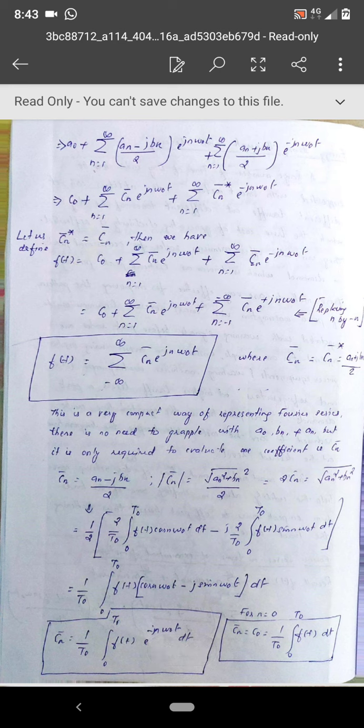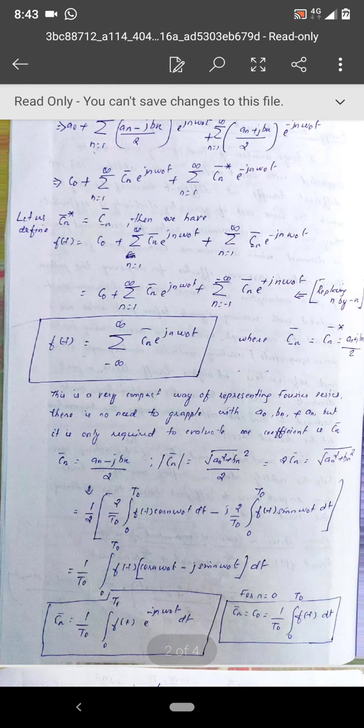But the summation from n is equal to 1 to infinity will become from n is equal to minus 1 to minus infinity, since we are replacing minus n by n. And then c minus n bar becomes cn bar. Because we are replacing minus n by n, e raised to minus j n omega naught t becomes e raised to plus j n omega naught t. This is the change.